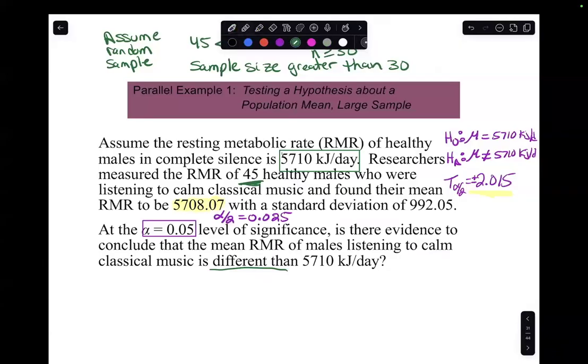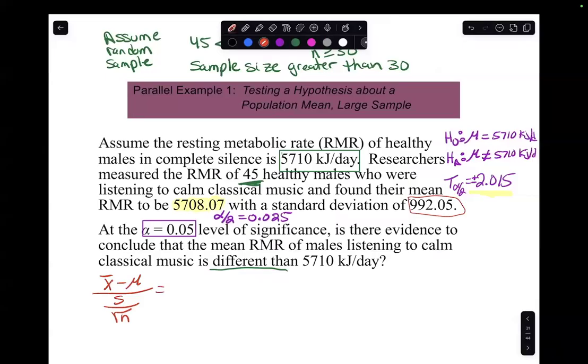Okay, so let's math this out. I think you probably could look at this and see that my z-score is probably not going to be very high, especially with this being a standard deviation. I can pretty much guess we're going to fail to reject, but I don't know absolutely sure. So here we go. That's going to be x bar minus mu divided by s divided by the square root of n.